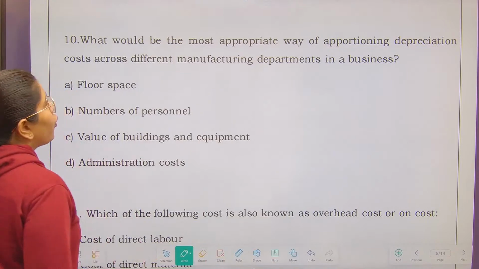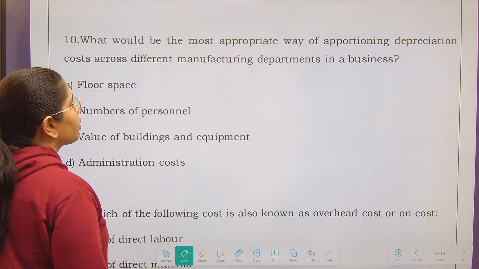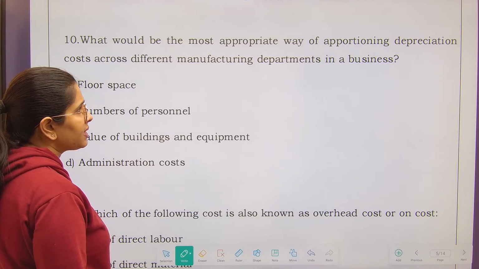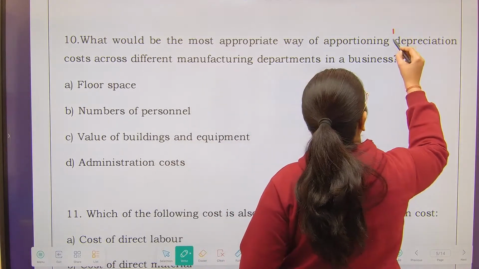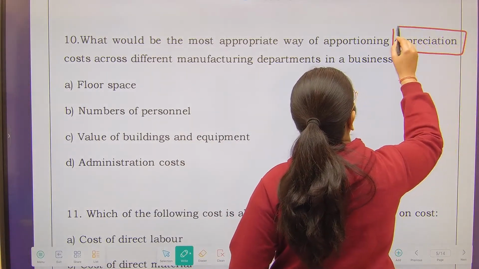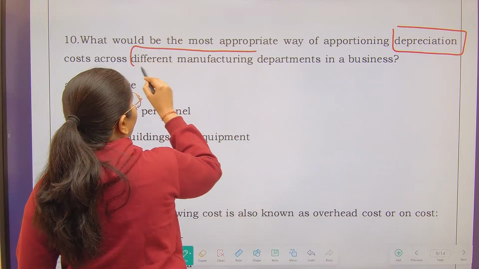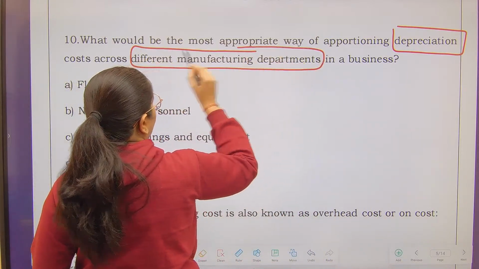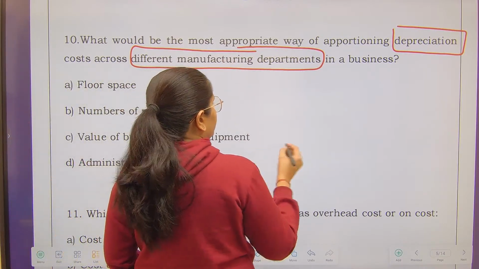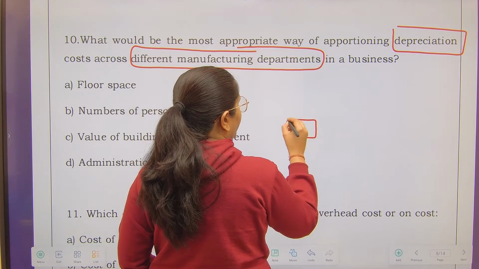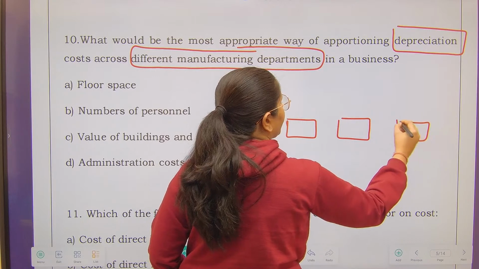Next, what would be the most appropriate way of apportioning depreciation cost across different manufacturing departments in a business? So you have to distribute depreciation cost across different manufacturing departments. Suppose, for example, there are three lines of production in your factory.